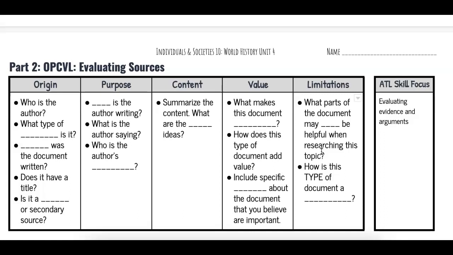Is there a perspective that's really missing? Did they leave out certain groups of people? We have to look at what is being limited. And then finally, how is this type of document a limitation? So again, how might a diary be a limitation? That might be a perspective issue. If it's a diary, it's typically a first-person account, and that's one person's experience. So a limitation of a diary might be that we don't get everyone's perspective, for example.